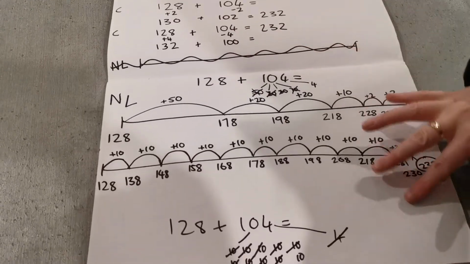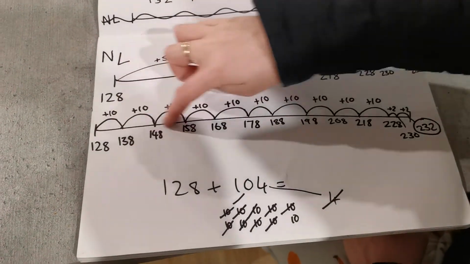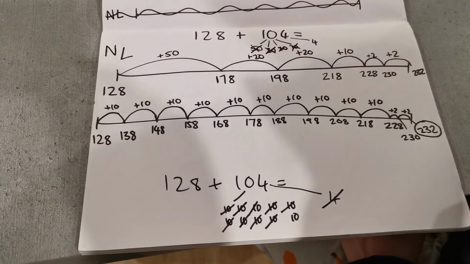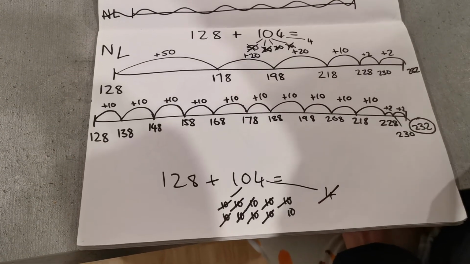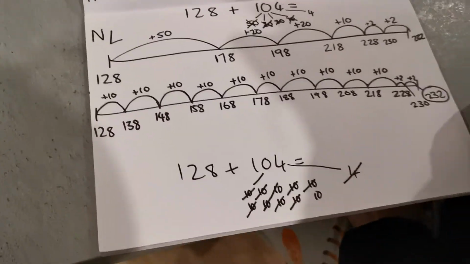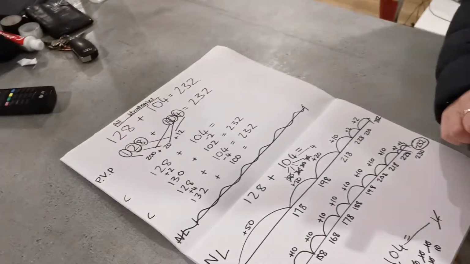Then we used the number line twice as well, so we jumped in bigger jumps. This time we jumped mostly in lots of 10, but every time that I did the equation, I always got 232. So I'm feeling really confident because I've done it 5 times, 232 must be the right answer.